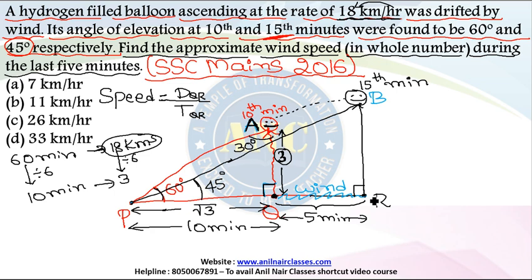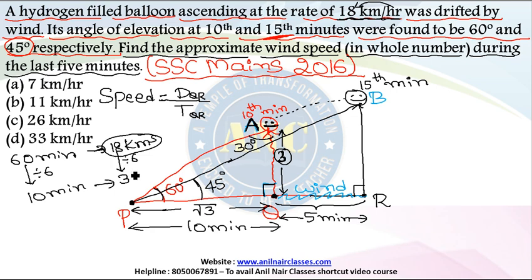And Q to R is nothing but 5 minutes. That means the person started leaving the balloon at point P. Because of the wind, it kept on going like this, and at the 10th minute, this is the position of the balloon. And the vertical distance from point Q is 3 kilometers according to our assumption.